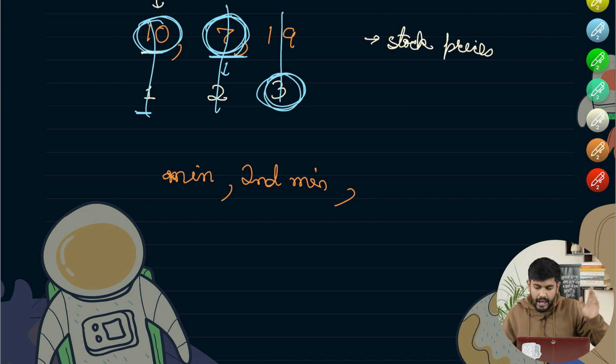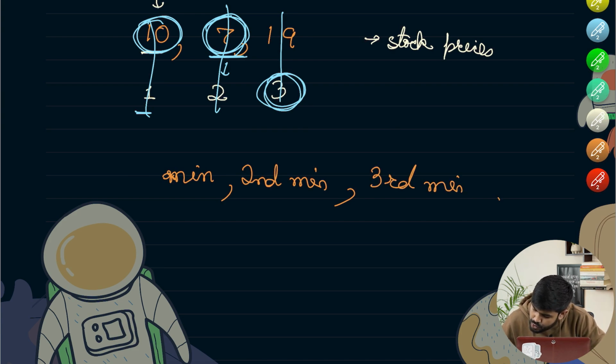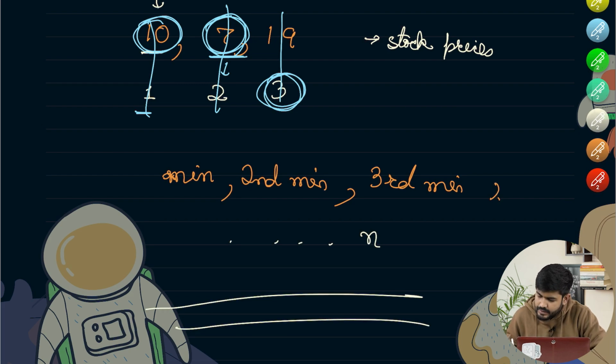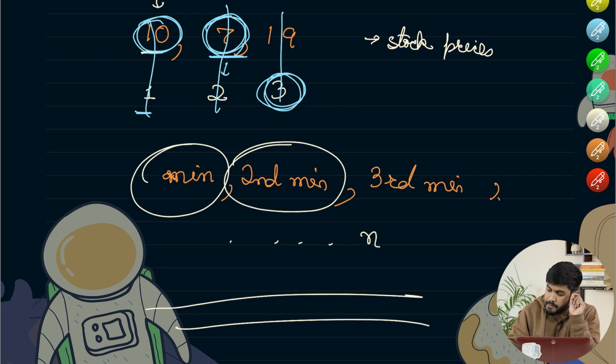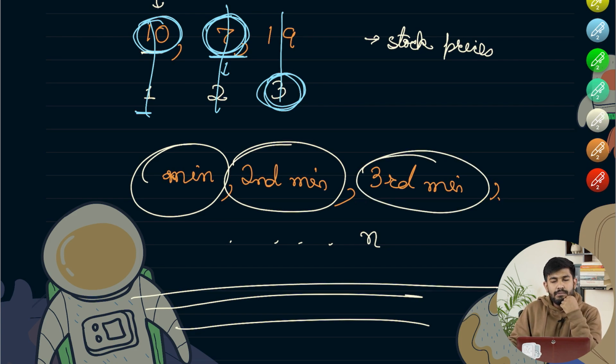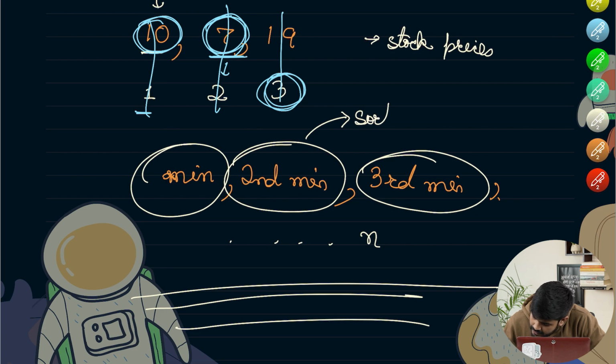If this was a big array, this would be again third minimum, and this would go until we would hit the nth minimum. So whenever we need to find first minimum, second minimum, third minimum till the nth minimum, the idea is to just use sorting at this point, because sorting does this effortlessly.